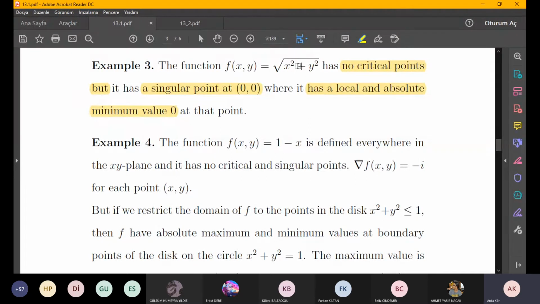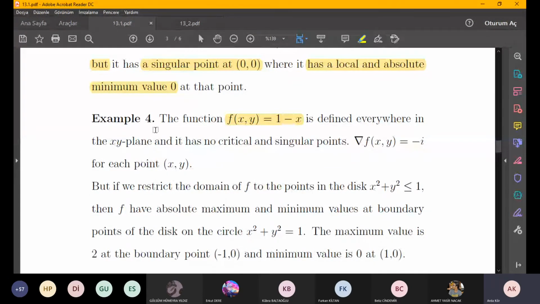And for another function here, which is 1 minus x, also defined for all points on xy plane, and it has no critical points and singular points, because if you compute the gradient of f, it is minus 1 times i.